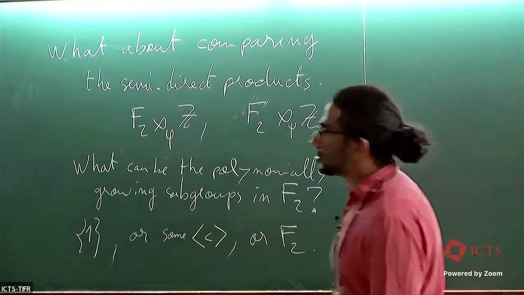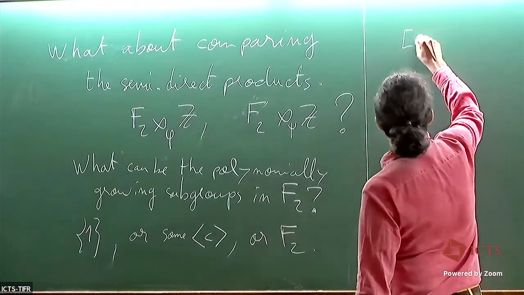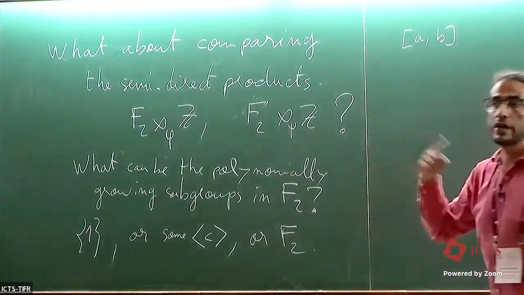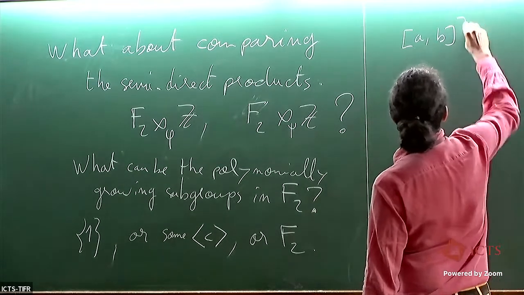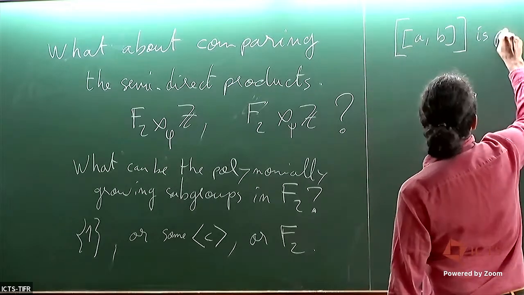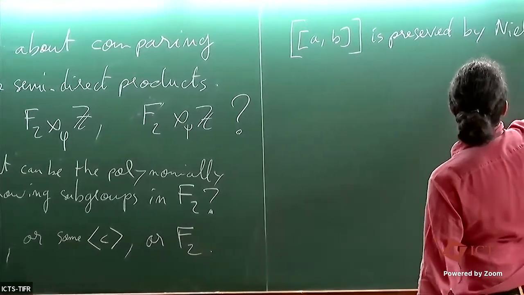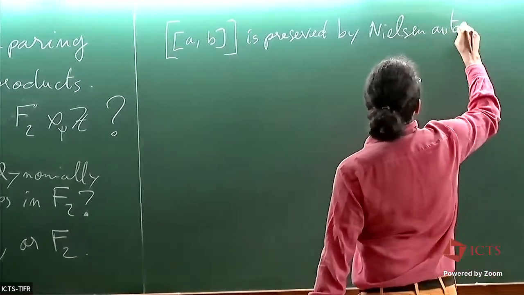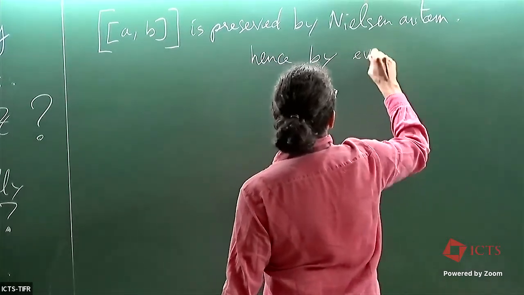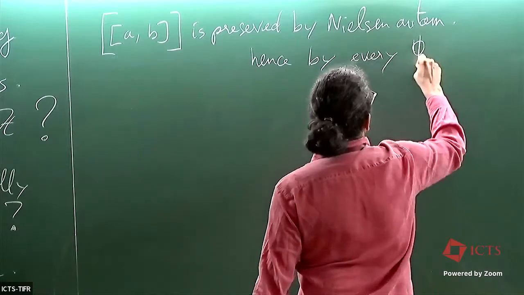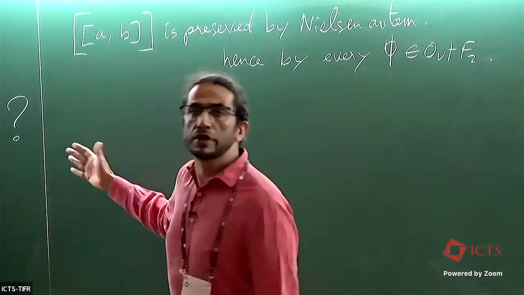Let's just check something: the commutator AB is preserved by all the Nielsen automorphisms, and they are supposed to generate the whole group. So there is at least one element that will not grow at all.